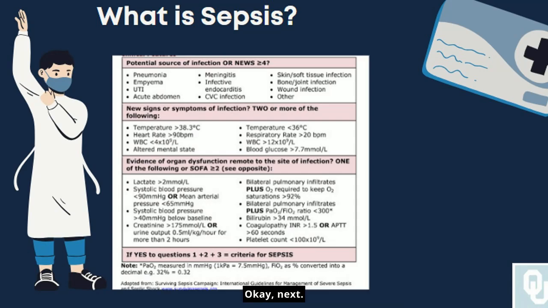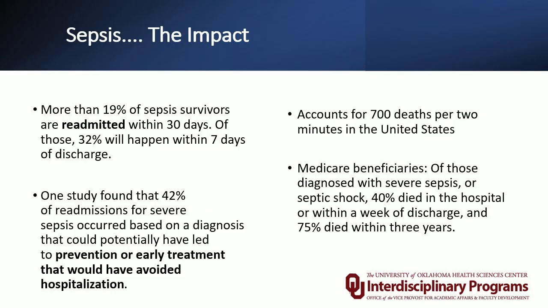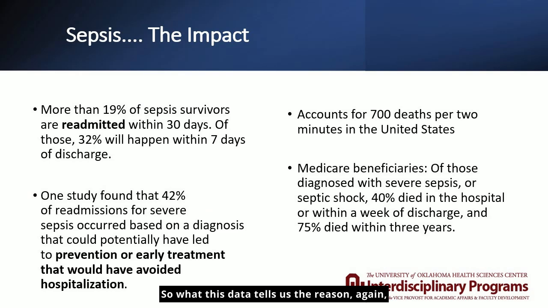Okay, next. So what this data tells us, the reason this was really anchored on sepsis, is that more than 19% of sepsis survivors are readmitted within 30 days. So they don't just have sepsis, go home and be done. There's a pretty good chunk of them that will come back.